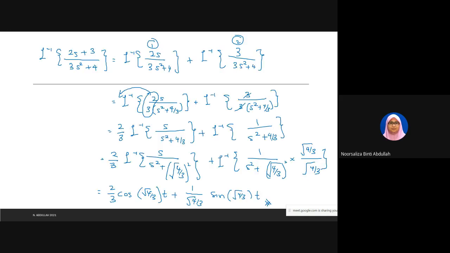Tapi doktor, jawapan dalam buku teks dia tulis cos 2 per square root 3, jawapan lain. Okay, dia sama lah kan? Kita kena ubahkan square root. 2 square root 3. Sama. So kalau kita dua jawapan pun betul lah doktor. Ya betul. Ada lagi soalan?